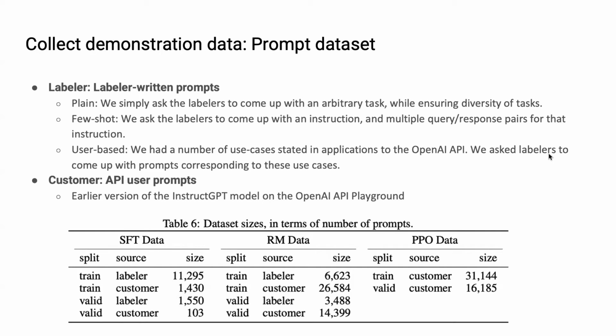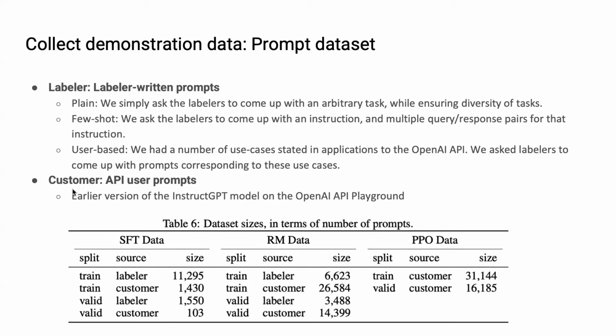So based on their API analysis, they ask the labelers to rewrite prompts based on the use cases they saw in their OpenAI API calls. So this is what the labeler is doing.